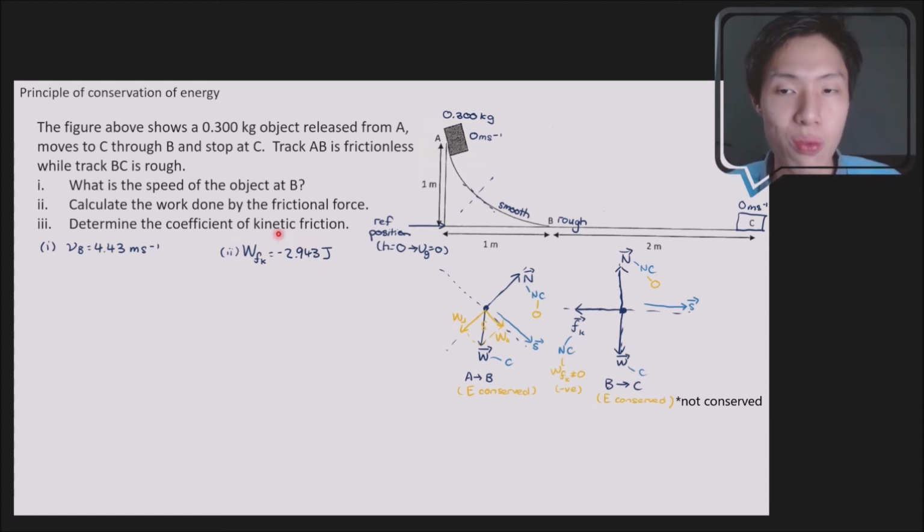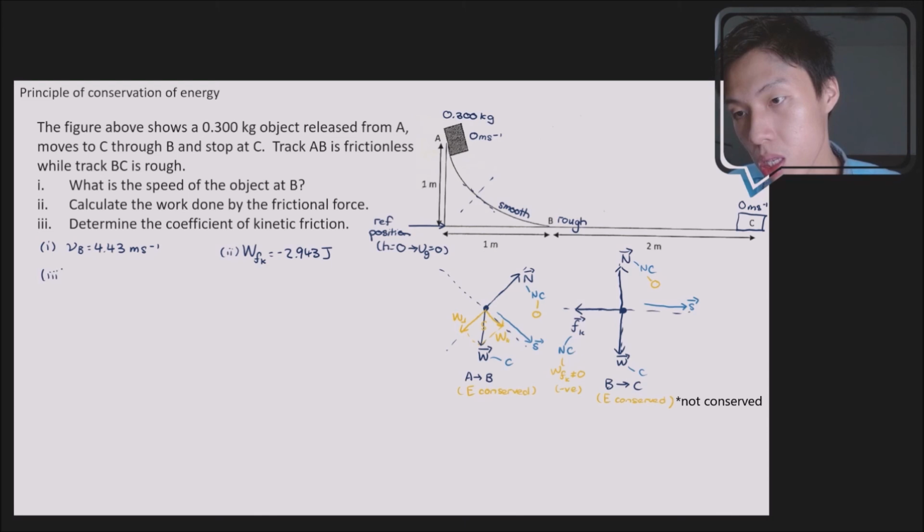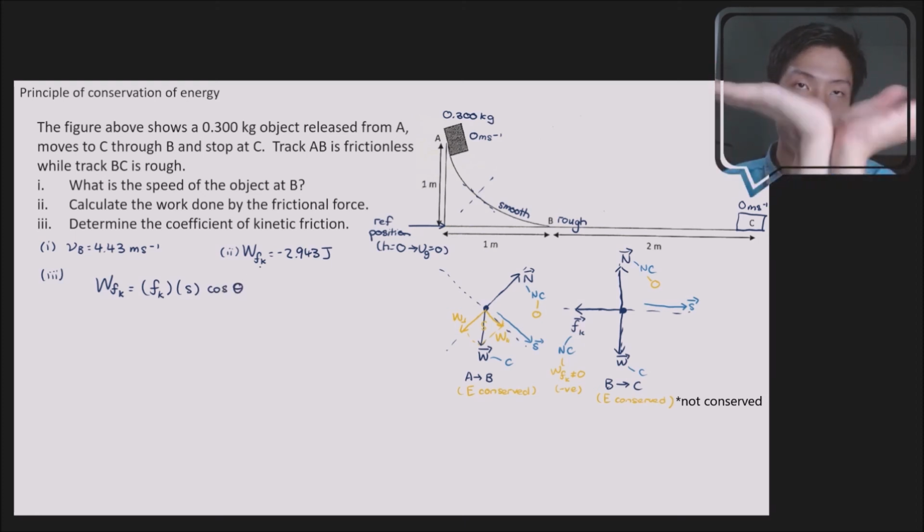And this work done by kinetic friction allows us to determine the magnitude of kinetic friction, because the magnitude of kinetic friction can be found by relating it to the work done. Let's try to do that first. The work done by the kinetic friction is equal to the magnitude of kinetic friction multiplied by the magnitude of displacement multiplied by the cosine of the angle between the kinetic friction and the displacement.